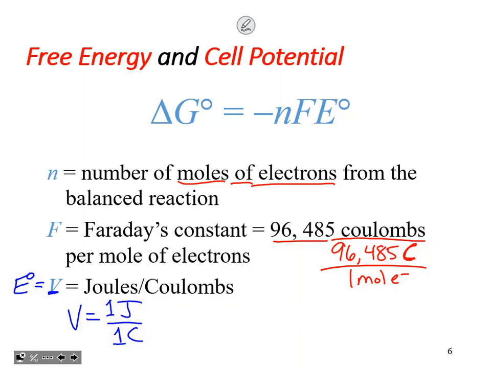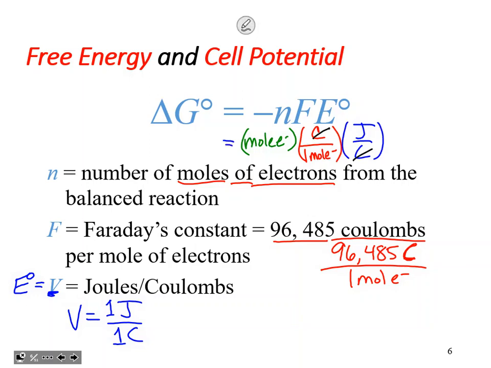You've got your moles of electrons, so n is going to be the moles of electrons. Faraday's constant is going to be coulombs over 1 mole of electrons. And then the volts really is joules per coulomb. So how do we get delta G from that, the unit?